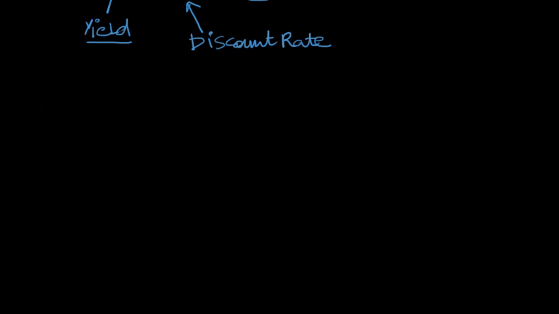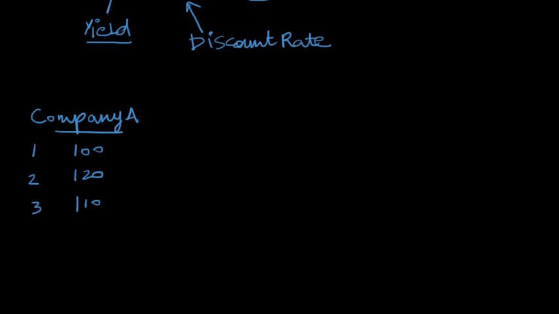So assuming this company A, which generates cash of say 100 rupees in year 1, say 120 rupees in year 2, say 110 rupees in year 3. This is an absolute number year after year, it's not cumulative.